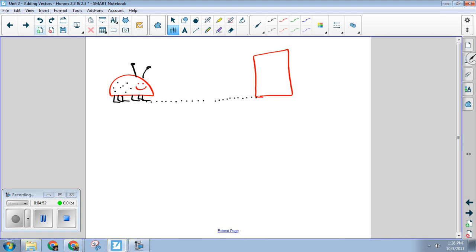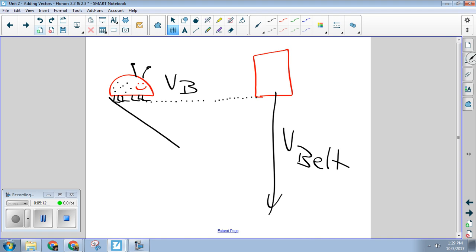Which way is the ladybug going to go? This way, right? Because the conveyor belt's going while the ladybug is going tink, tink, tink. So you're going to get tink-a-tink, tink-a-tink, right? And so here's the velocity of the bug, here's the velocity of the belt, here's the overall velocity, right?